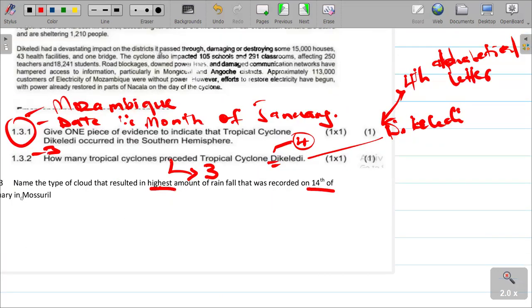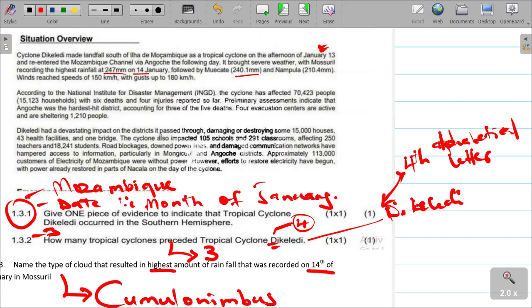I'm sure that you know that the cumulonimbus is a type of cloud that results in heavy rainfall, thunder and lightning. And I expect grade 12 to understand such a question because that is what it is.